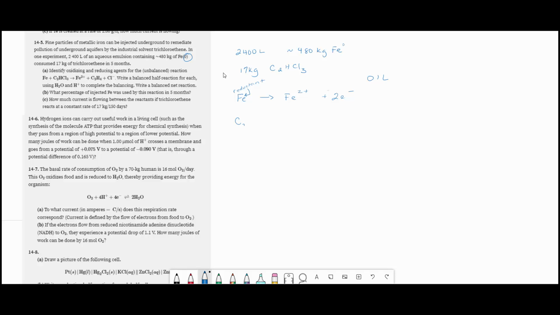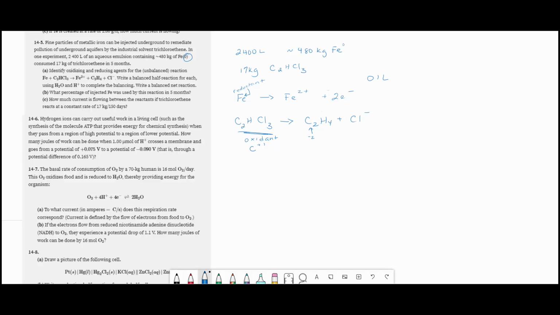Then we have our trichloroethene, C2HCl3, and that will form C2H4 and the chloride ion. So this is going to be our oxidant, and specifically it's going to be the carbon. The carbon is a +1 in this compound, and then in this compound, it becomes a -2.